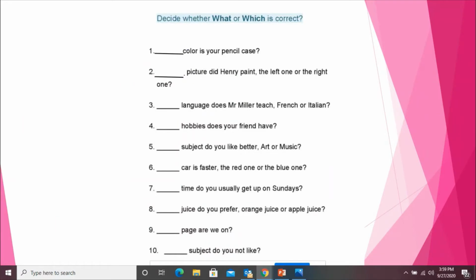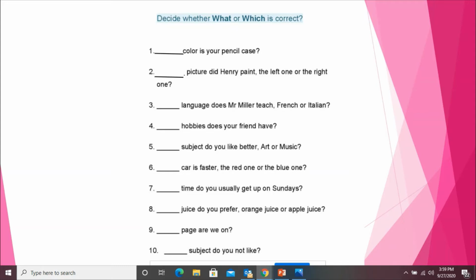Okay, friends, now is our time to check for understanding before we continue. Your job is to decide whether what or which is correct in each one of these sentences.